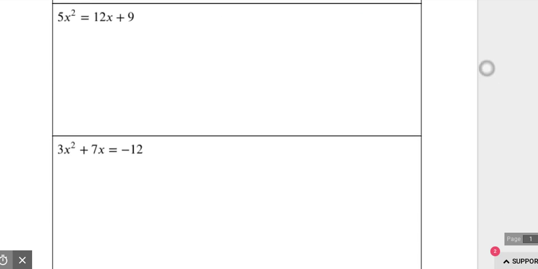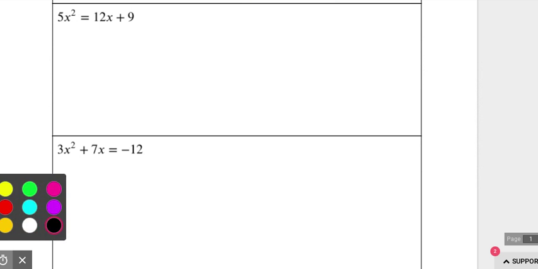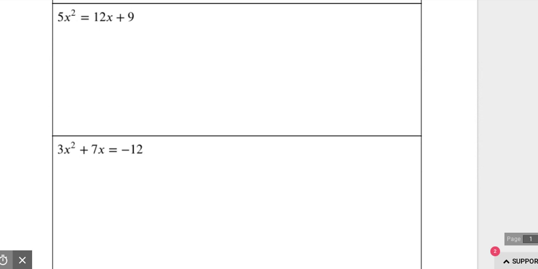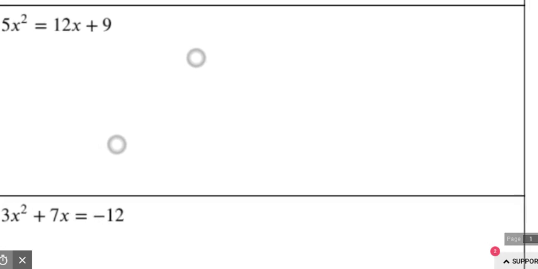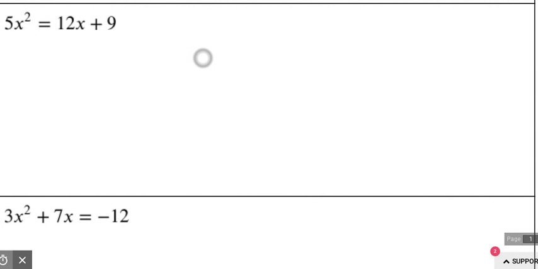Let's look at the second one: 5x squared equals 12x plus 9. First thing is I better be certain that I have this set equal to 0, and this is not set equal to 0. So I'm going to move both of those values to the left because I prefer to keep a positive a value.